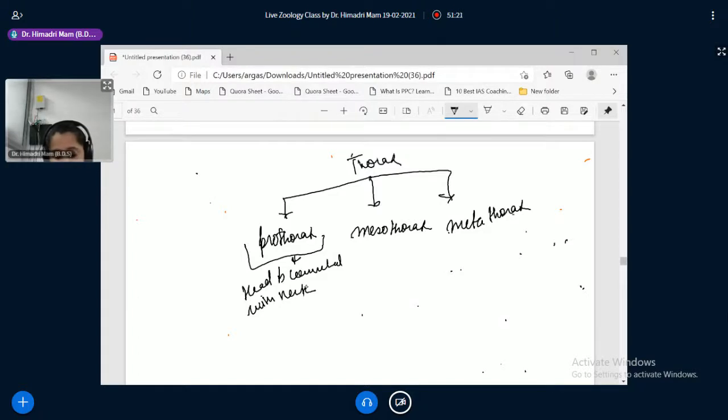Now, each thoracic segment has a pair of walking legs. That is, we have the prothoracic leg, the mesothoracic leg, and the metathoracic leg. Now, the first pair of wings is derived from mesothorax. That forewing is known as tegmina.